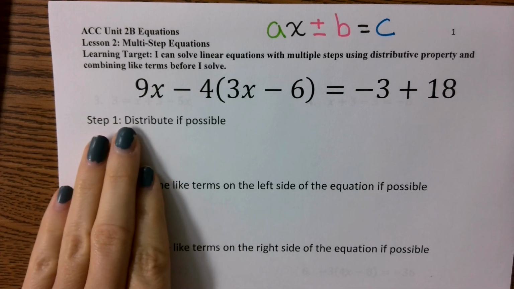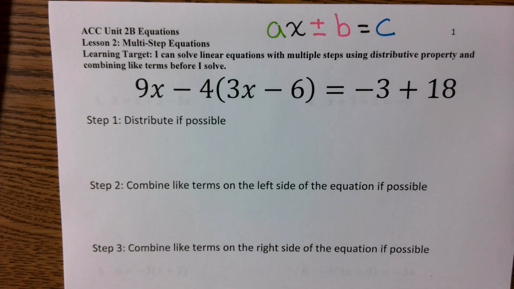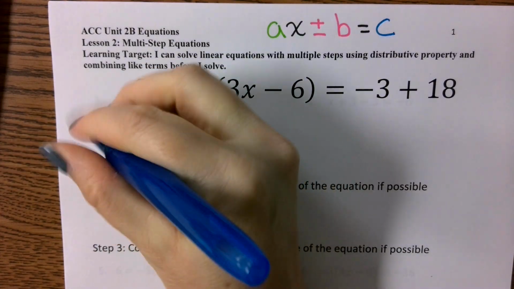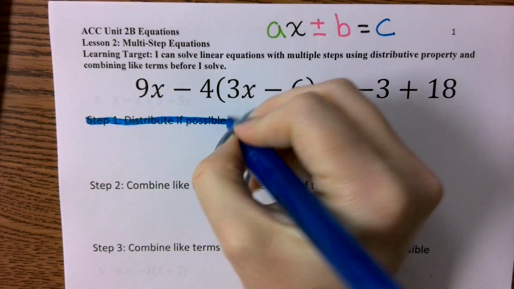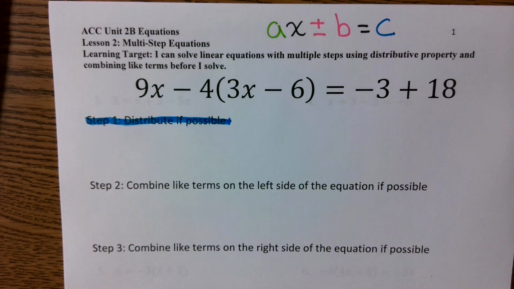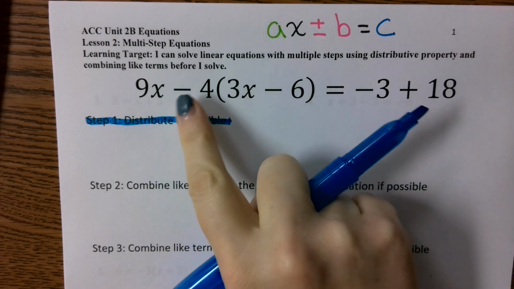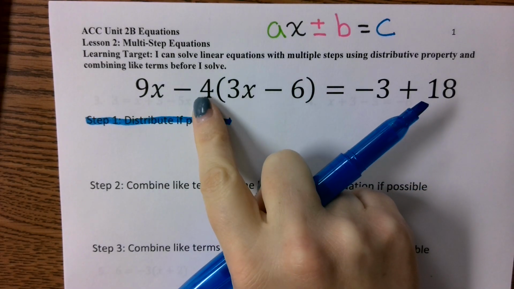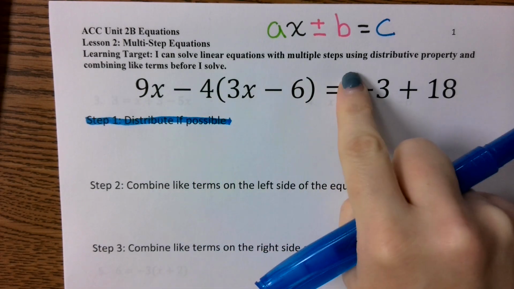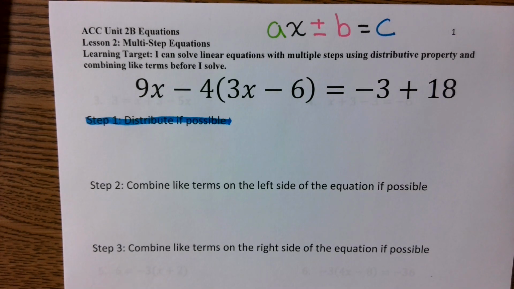So our first step when we are simplifying is to always look and see if there's any distributive property that we can do. Remember, if there is distributive property, then that means that we have parentheses with a binomial or a trinomial or some kind of polynomial inside of the parentheses, and we've got a value that we can multiply or distribute to that expression.